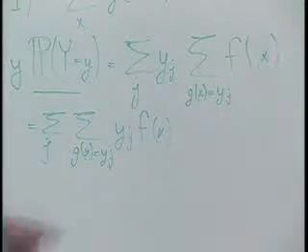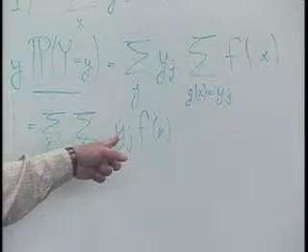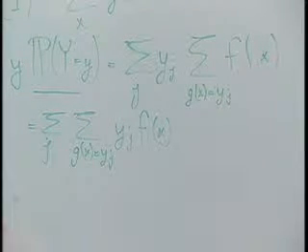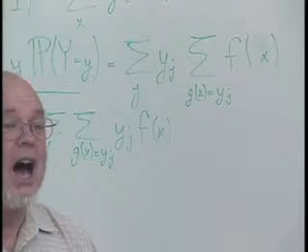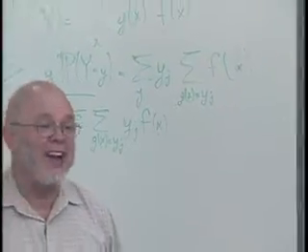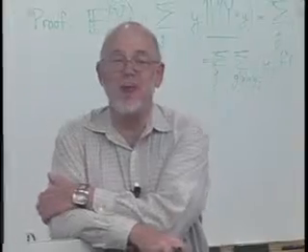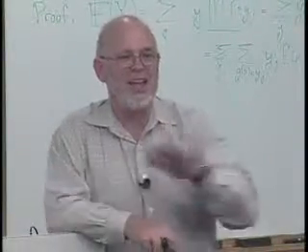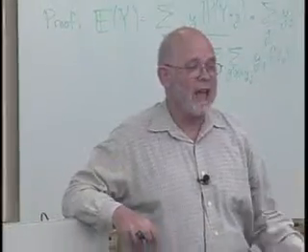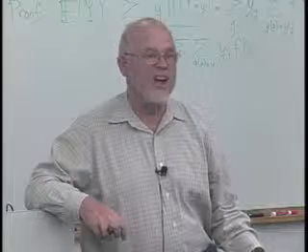So all I've done here is to say I can multiply by the value of y before I sum. Okay, now tell me, if I run through all the values of y that can be achieved, and for each of them I run through all the values of x that lead to that value of y, what's a simpler way of stating what I'm summing over? I'm taking every possible value of y, and for each value of y, I'm summing over all the x's that lead to that value of y.